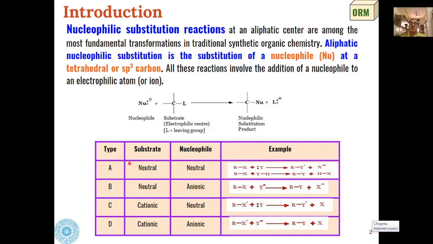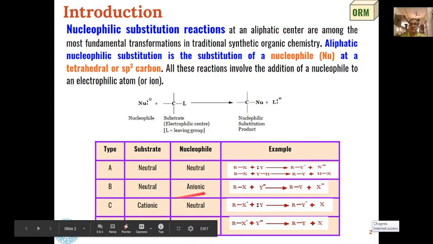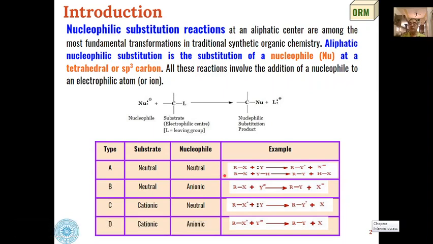And as you know, depending upon the type of substrate and the nucleophile, we can have different types of nucleophilic substitution reactions. The substrate may be neutral and the nucleophile may be neutral, then we will have these types of reactions, which will be called nucleophilic substitution reaction.